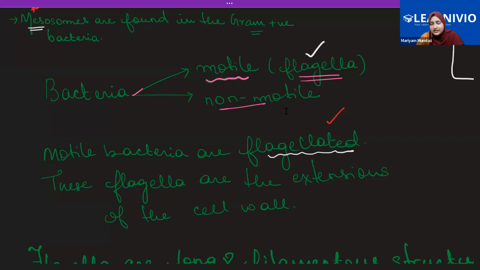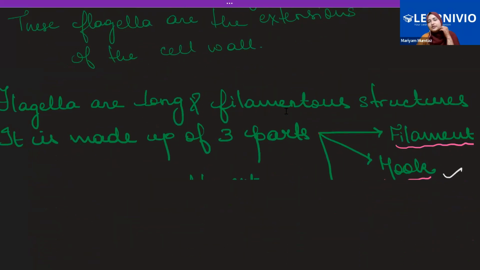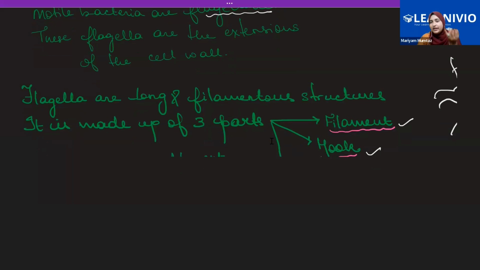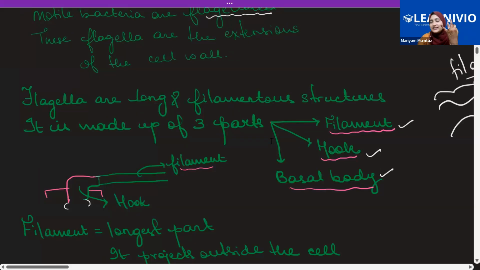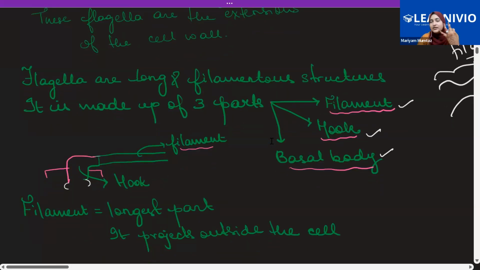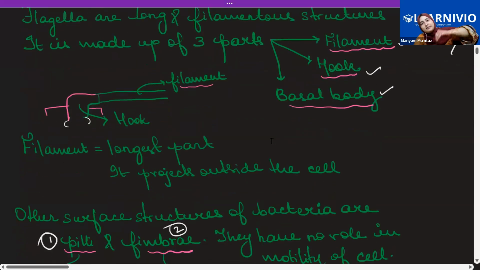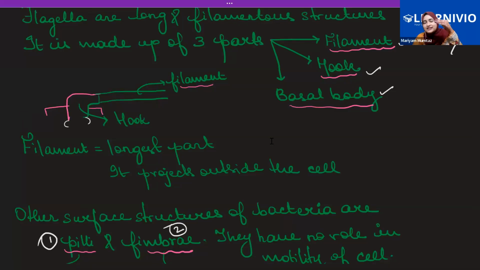So the motile structures are extensions of the cell wall and they help the bacteria to move with the help of flagella. So talking about the flagella, they are long filament-like structures made up of three parts: filament, hook and basal body. Three parts make up a flagella. Now the basal body is from where the flagella arises.